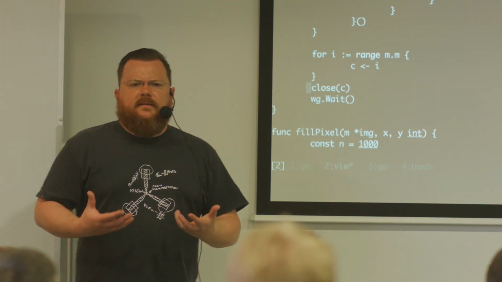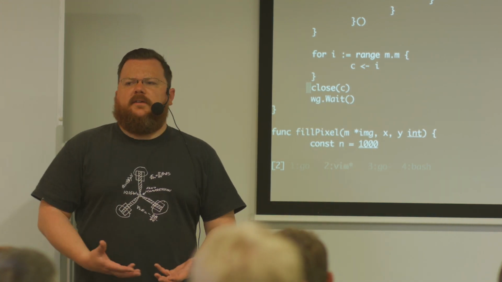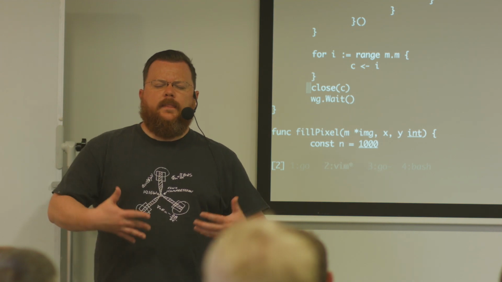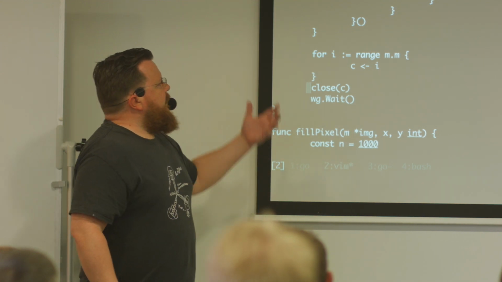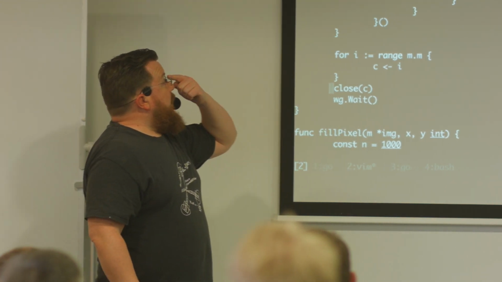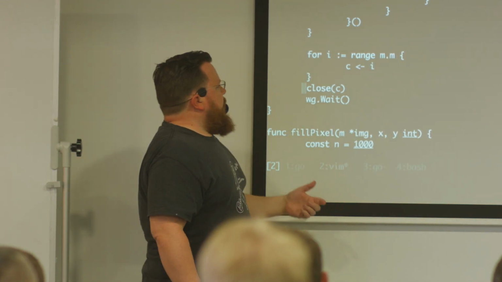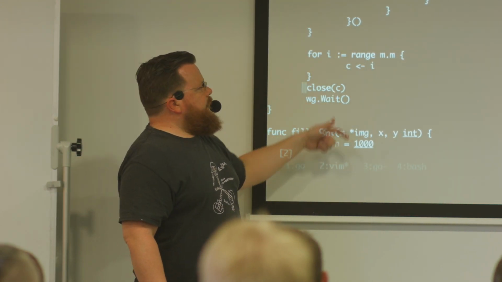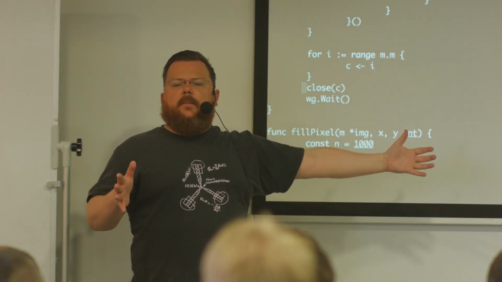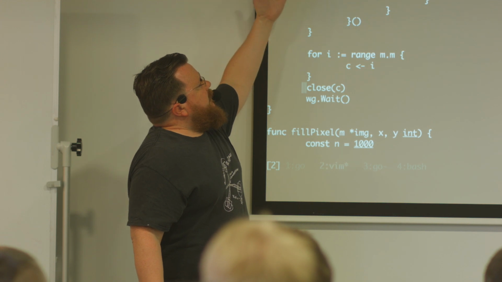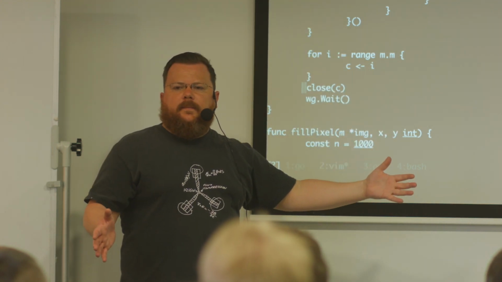So the size of the buffer of the channel really depends on what work needs to be done. In this case, because this is heavily computational, it takes a lot of processing power, which competes with the producer. It's best to allocate all that memory and make sure that the channel can be as big as it needs to be.